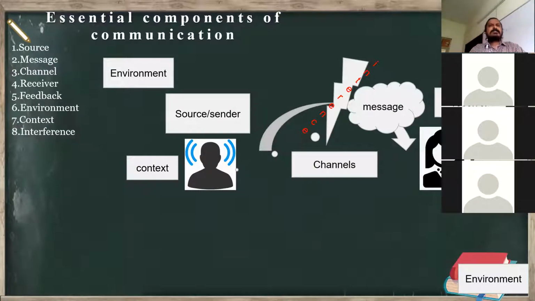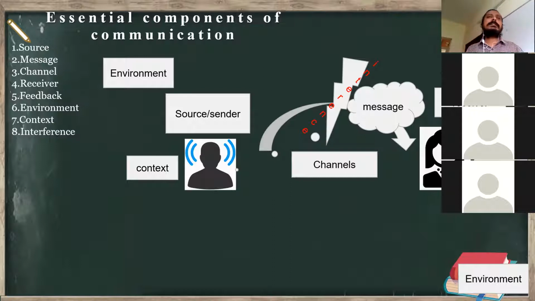Now, interference means noise. The elements which do not allow us to understand the message as clearly as possible as shared by the sender. So the noises, the interferences or obstacles or barriers are many. That includes a disturbance in the noise, a disturbance in the sense of psychological or language barriers.